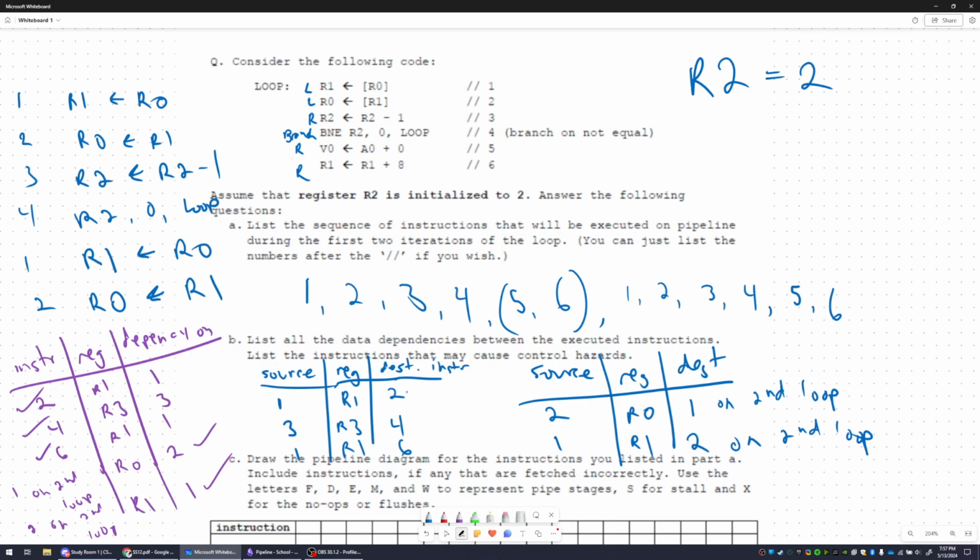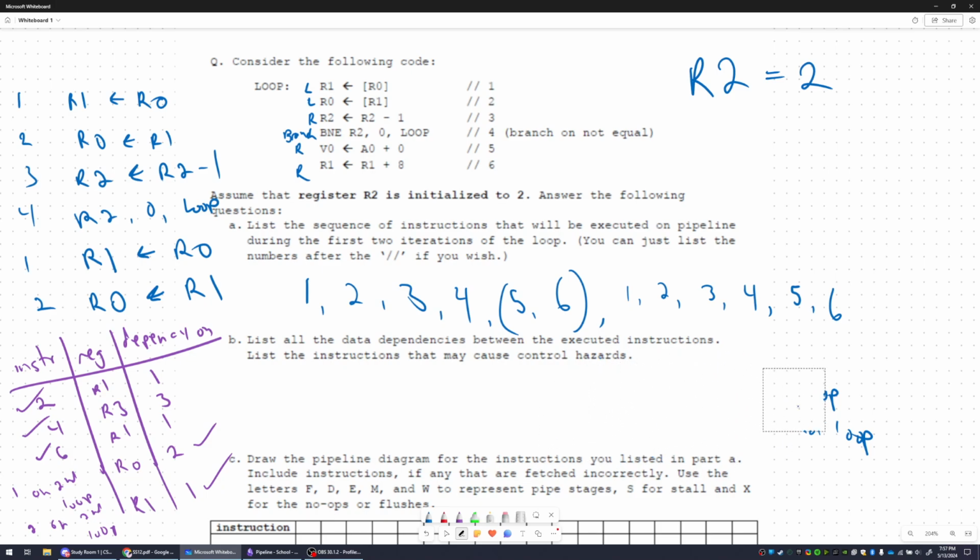But basically, if you have a loop, I would write out the next couple of instructions like this as well, and then just look for anywhere where the destination register is the source for a subsequent line of code.